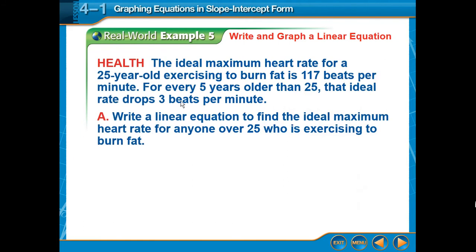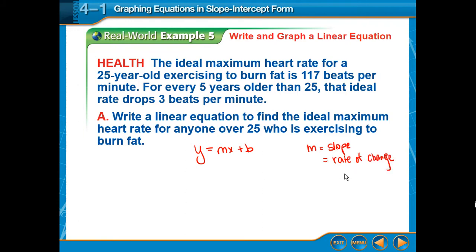So if we're talking about linear equations, we're talking about being of the form y equals mx plus b. We learned earlier in chapter 3 that m is slope, but we also said slope is pretty much the same thing as the rate of change.